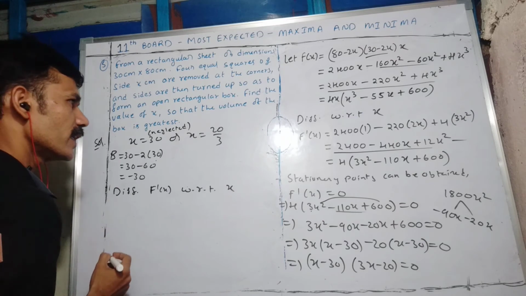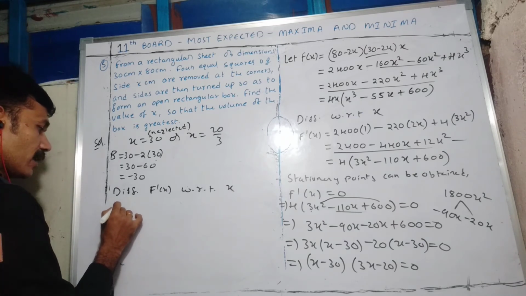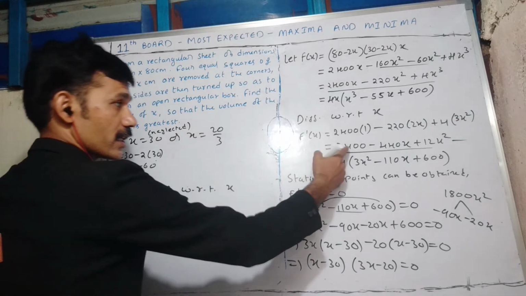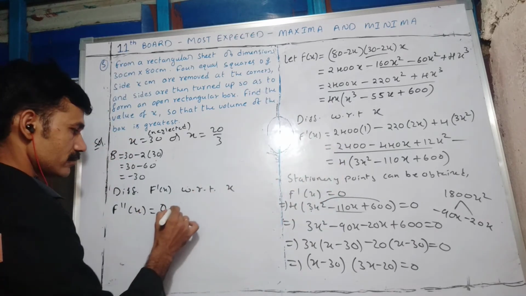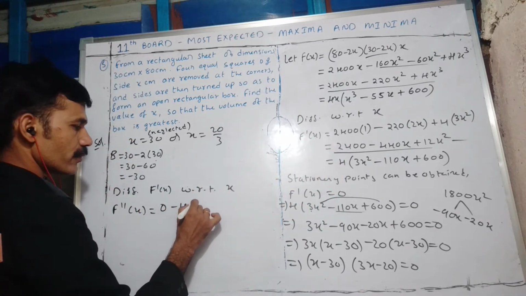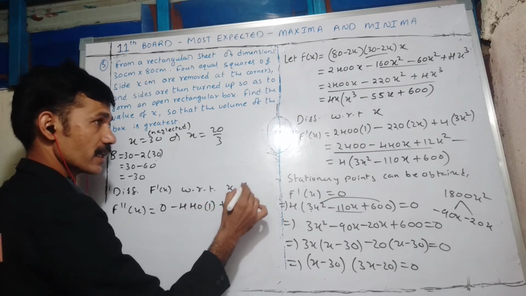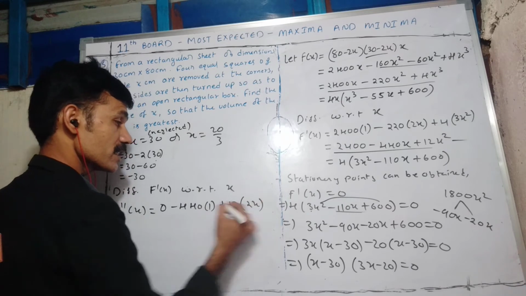We will get f''(x): the constant differentiates to 0, minus 440x differentiates to minus 440, plus 12x² differentiates to 24x.